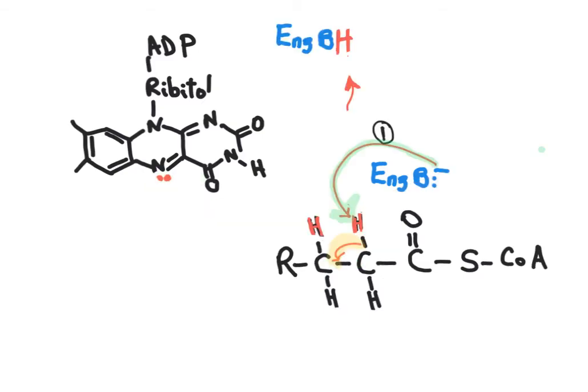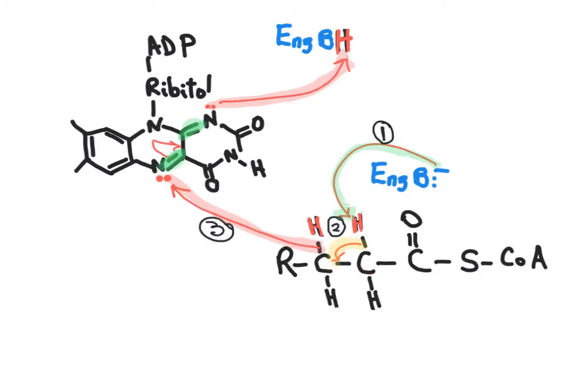Deprotonation of an alpha hydrogen by a basic group such as a glutamate or an aspartate will trigger the formation of a carbon-carbon double bond when the hydride ion of the beta carbon adds to nitrogen number 5 on the flavin ring, while an acidic amino acid side chain protonates nitrogen number 1.